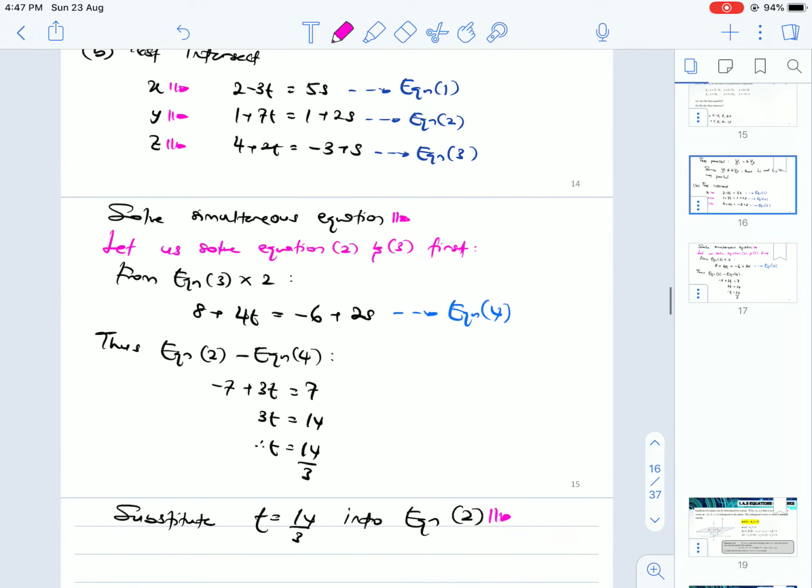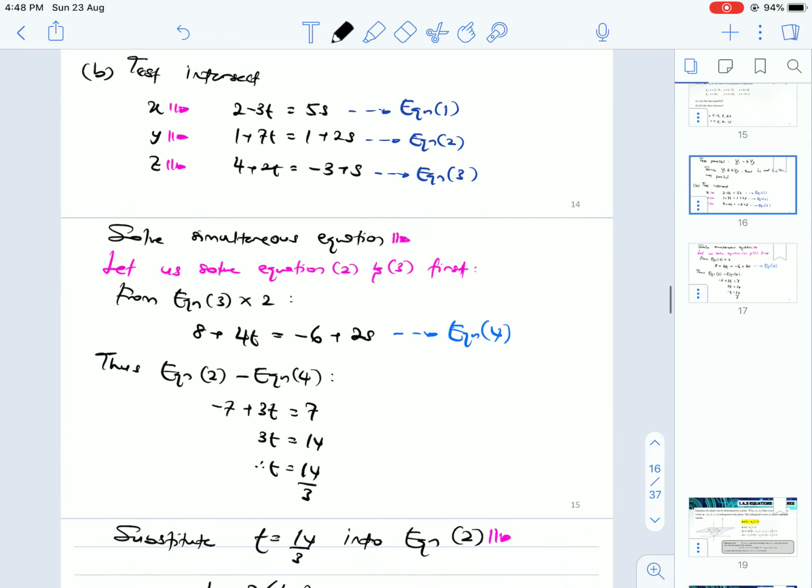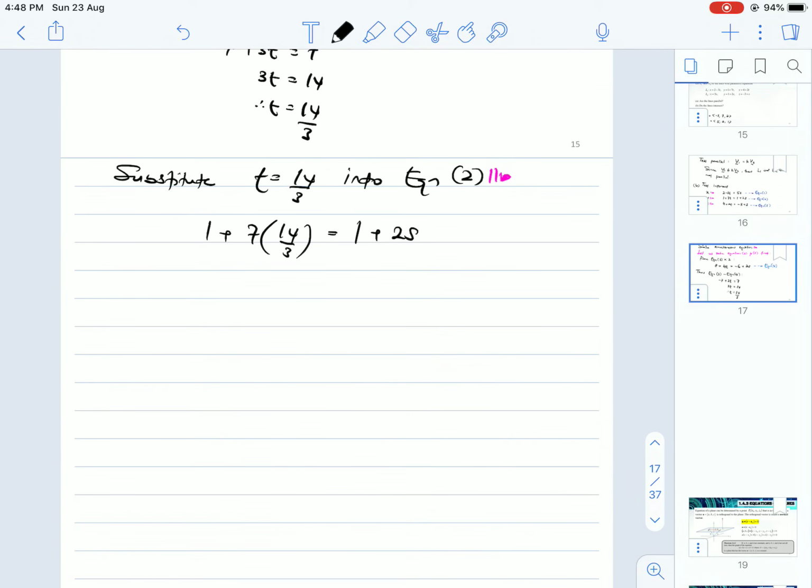From equation 2, we have 1 plus 7 times 14 over 3 equals 1 plus 2s. So 1 plus 7 times 14 is 98 over 3 equals 1 plus 2s.